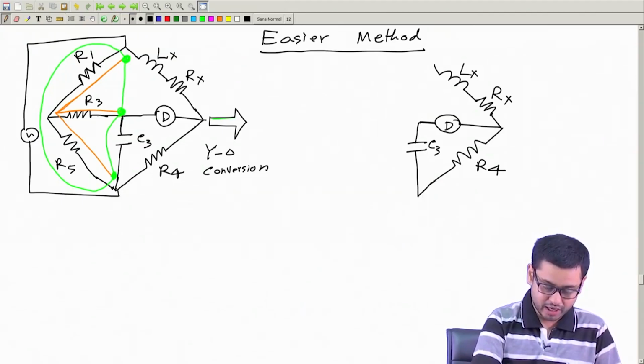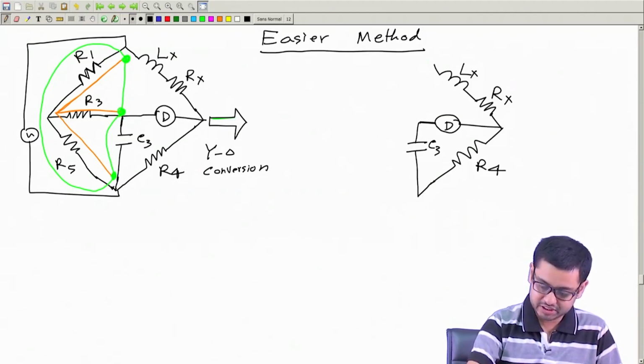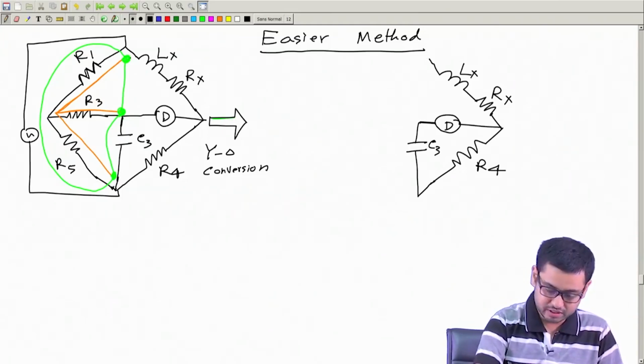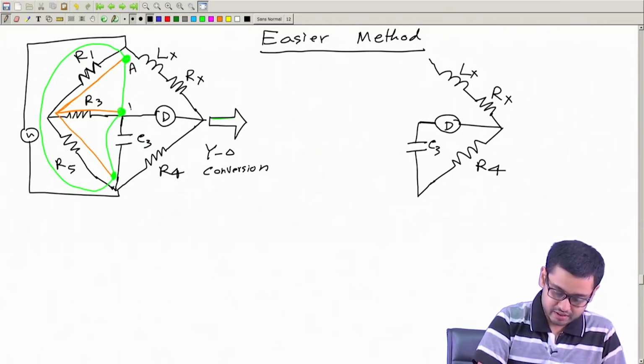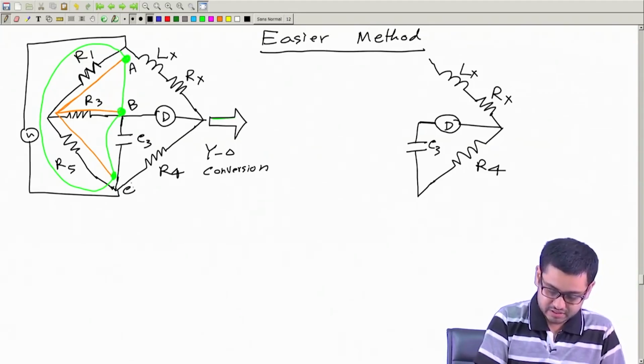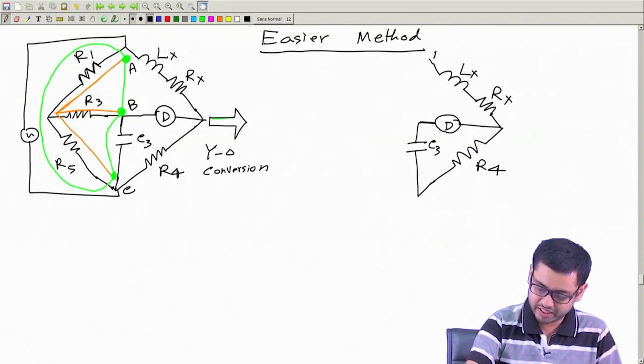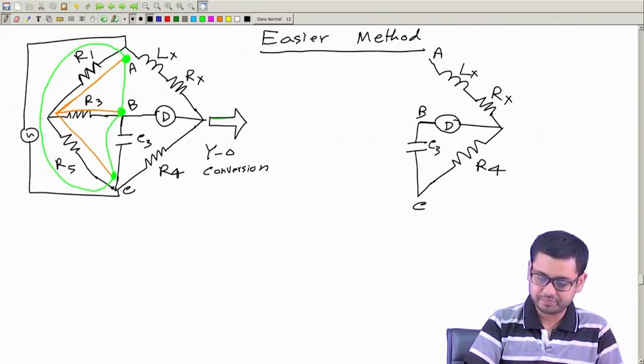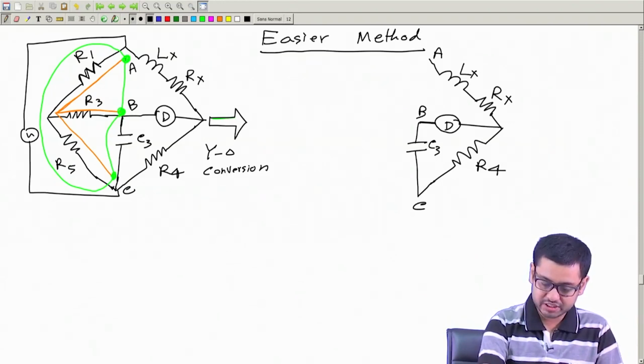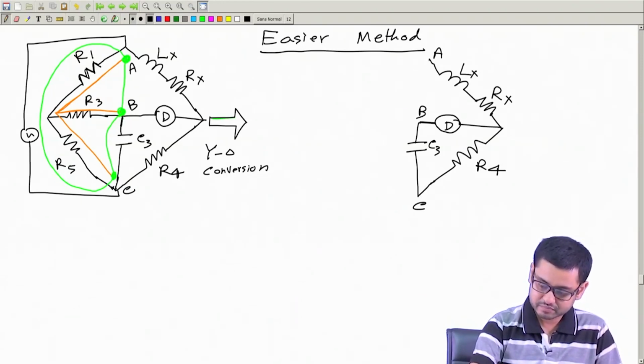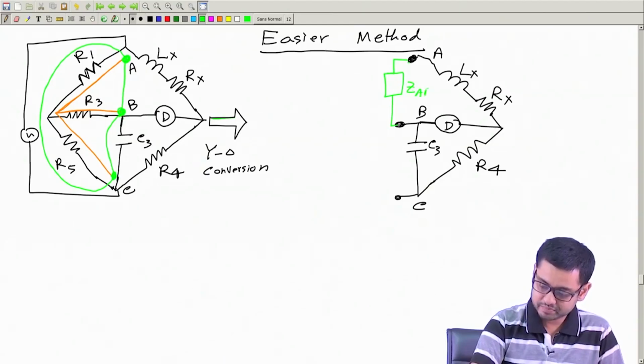But these three, R1, R3 and R5, will change. Let me call these terminals A, B and C. This is point A, this is point B, this is point C. Now, we will have a branch between A and B, call it ZAB.